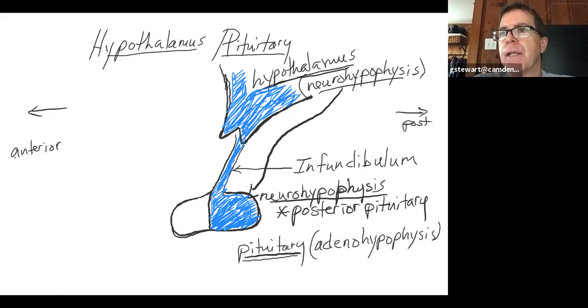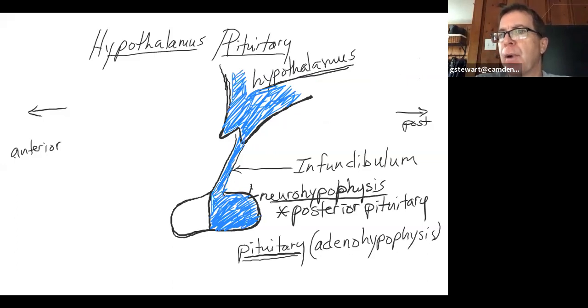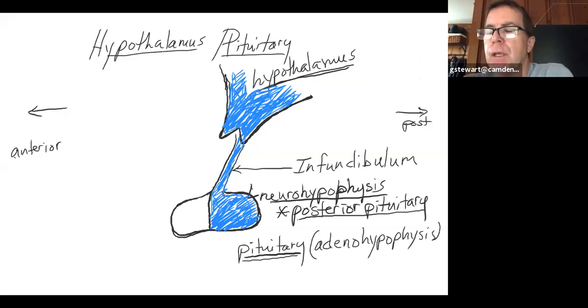Now I'm going to erase neurohypophysis from here. And when I call the posterior pituitary the neurohypophysis, now you know why. It's because it's the same tissue that we have in the hypothalamus. All right, so that's step one.